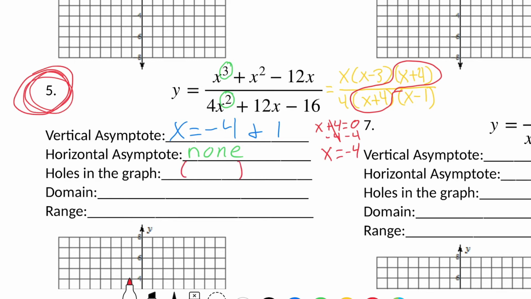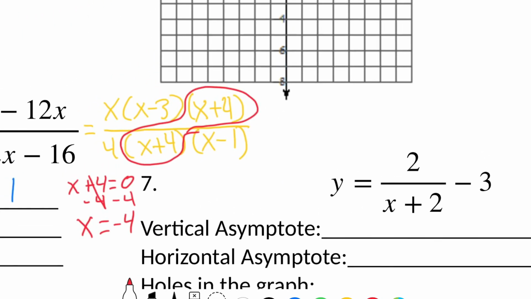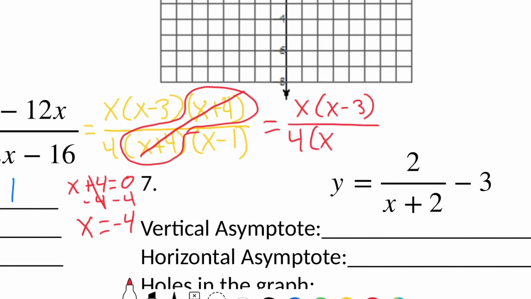So in our holes, that is going to give us an ordered pair, so our x is negative 4. Then, without that common factor, we get x times x minus 3 all over 4 times x minus 1.